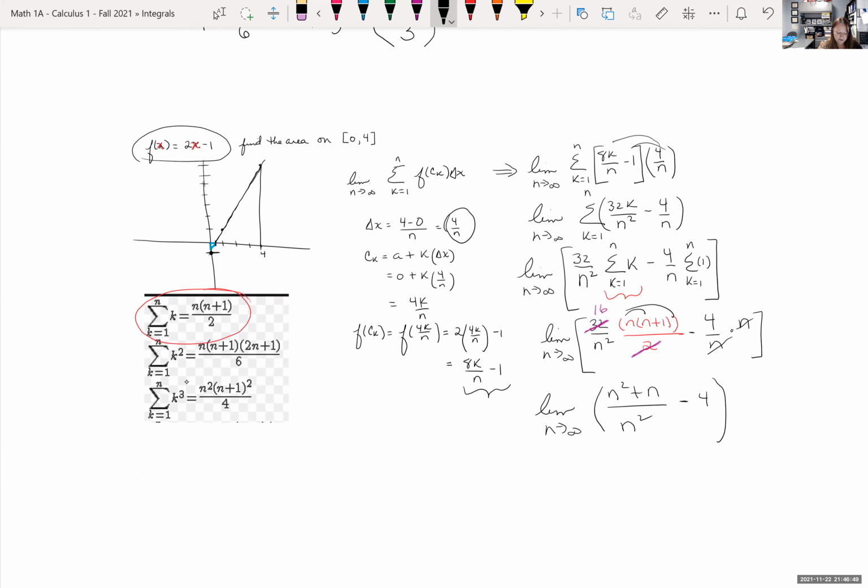We got infinity over infinity. We can break this up as 2 separate limits. So if we divide every term in that first fraction by 1 over n squared, minus the limit as n goes to infinity of 4.